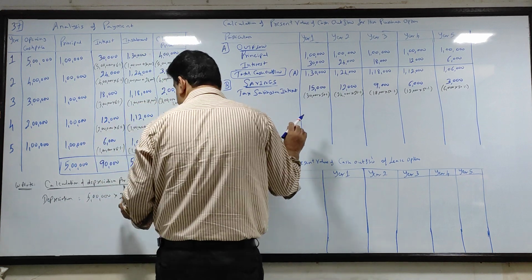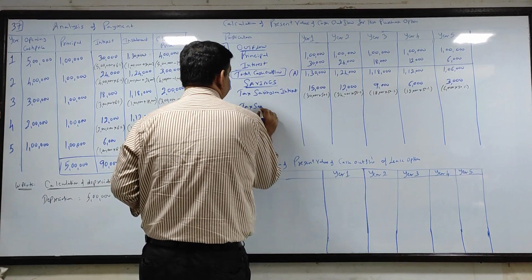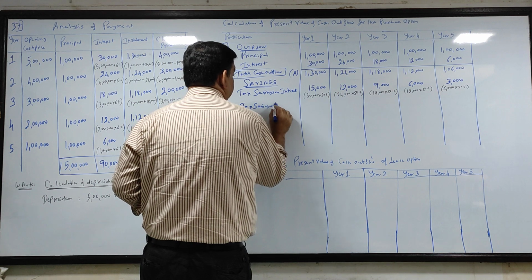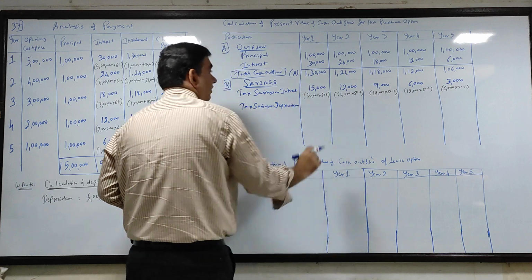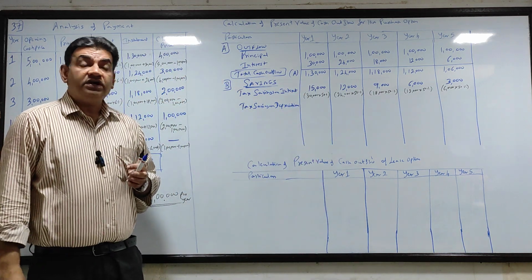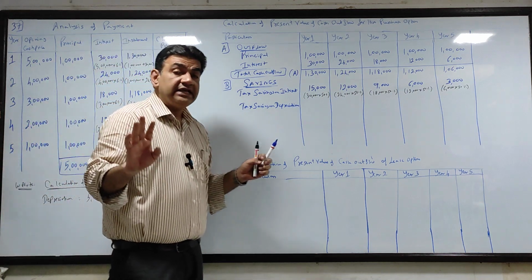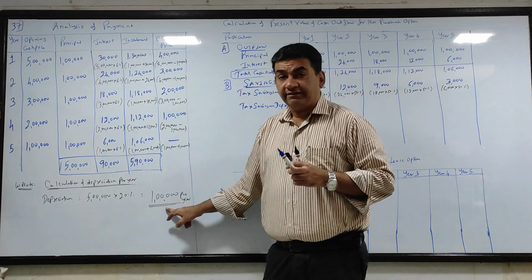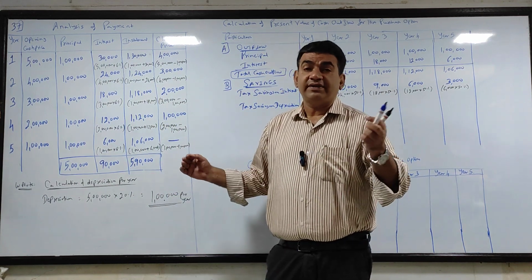What is the other thing? The other expense is depreciation. So I will take tax saving on depreciation. Now, fortunately, every year's depreciation is the same. If it were reducing balance, all 5 years' depreciation would have been different.